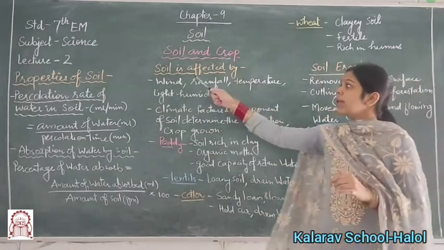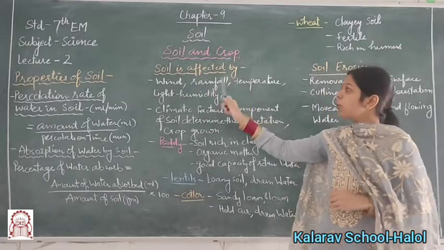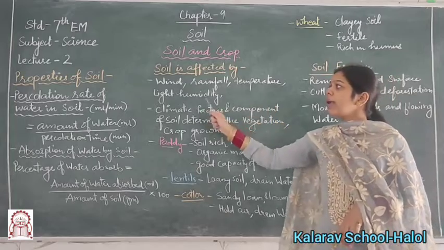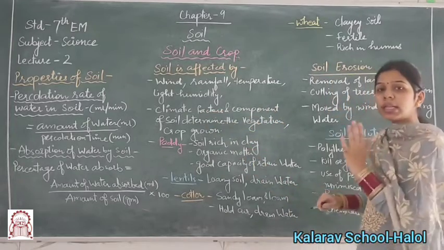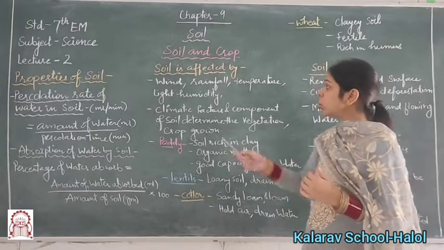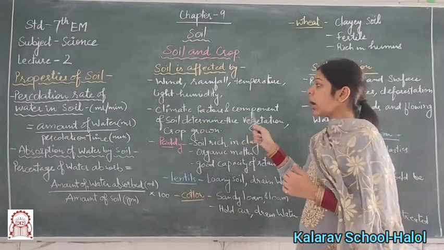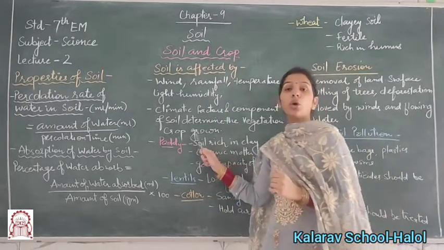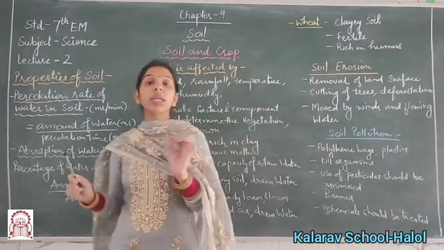Mainly soil is affected by wind, rainfall, temperature, light and humidity. These are the factors which affect the soil. The climatic factors and components of the soil determine the vegetation and crops grown in a particular region.